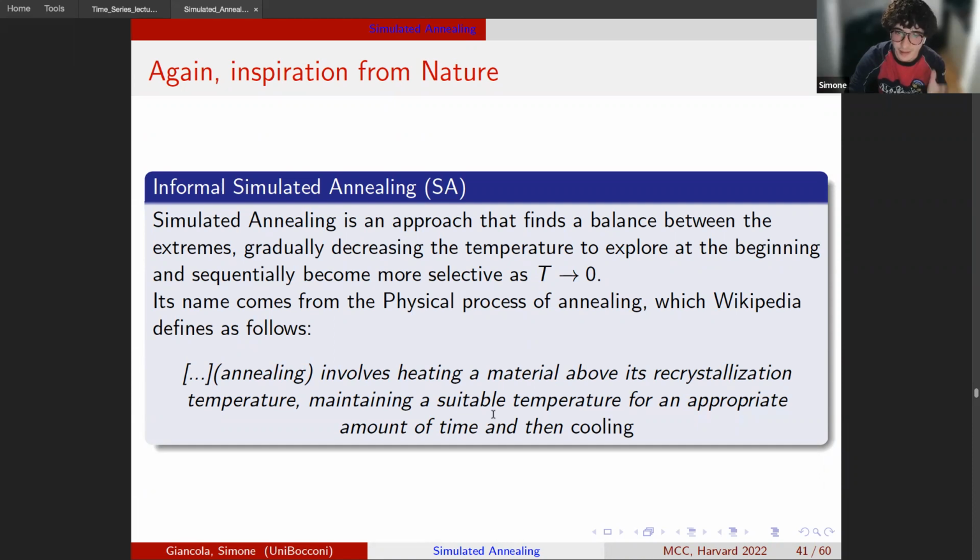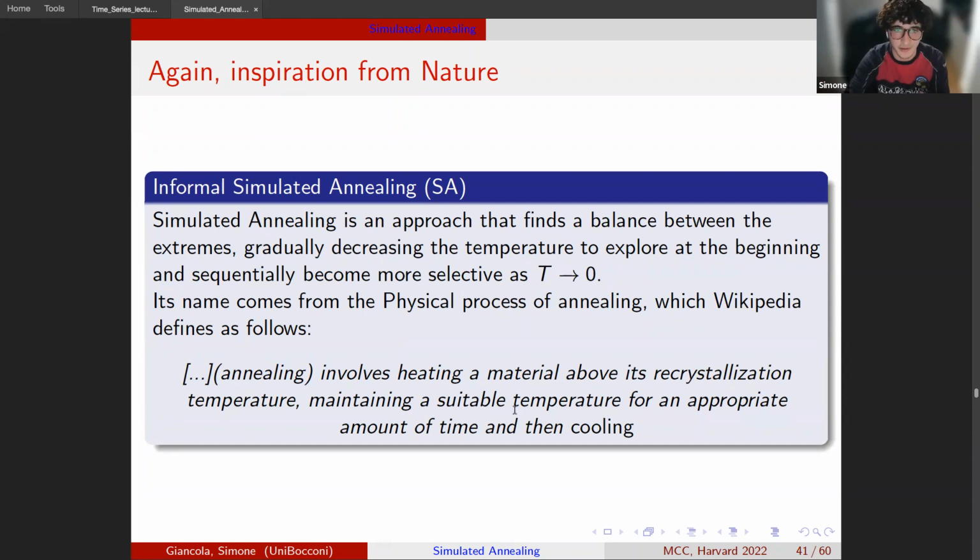It's a physical process that gives specific properties to materials through a process of sequential heating, keeping this material at specific temperatures for specific amounts of time, such that the material rests at a temperature and achieves some specific properties at that temperature, and then the temperature is lowered, and this is done sequentially.